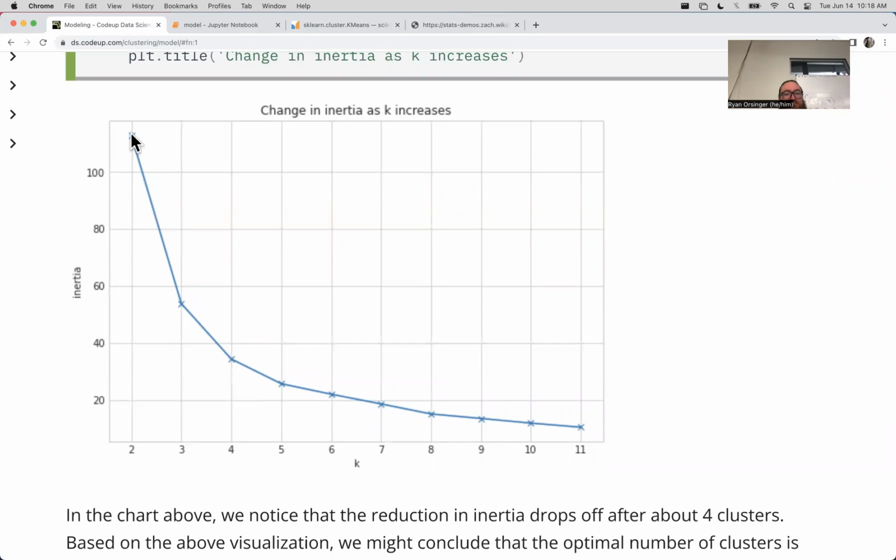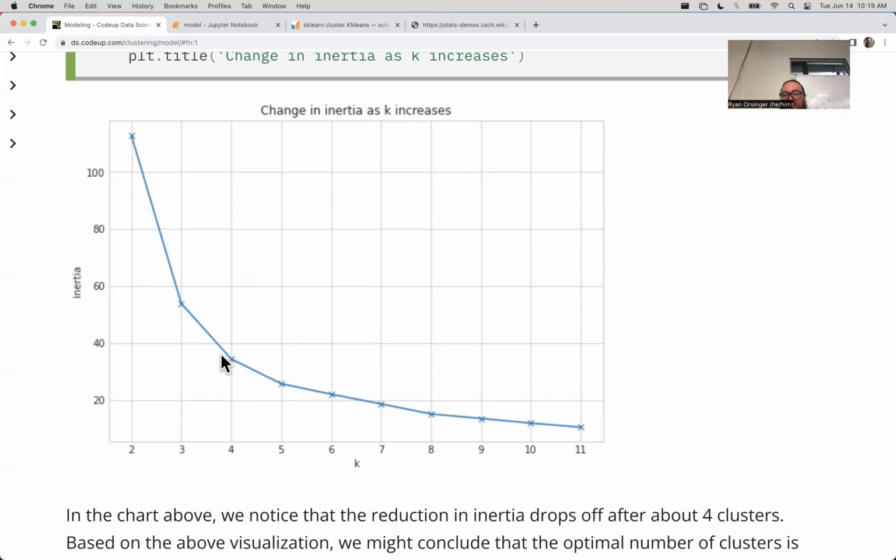Now let's look at the other extreme. What if we go from a K of 10 to a K of 11? Well, our inertia went from like 17 to 15. It wasn't that big of a deal, right? So there's not a hard and fast rule, just like everything in the whole field, there's not a 45-degree or 30-degree angle on your inertia here, because that can change with the scale of your x-axis and y-axis.